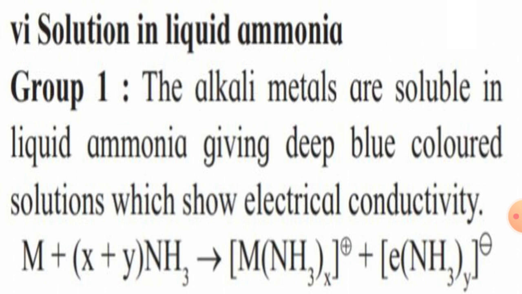Some of the ammonia will combine with the metal and some will grab an electron. The metal will form a complex M(NH3)x plus, a cation, and NH3 y will grab an electron and get converted into anions.